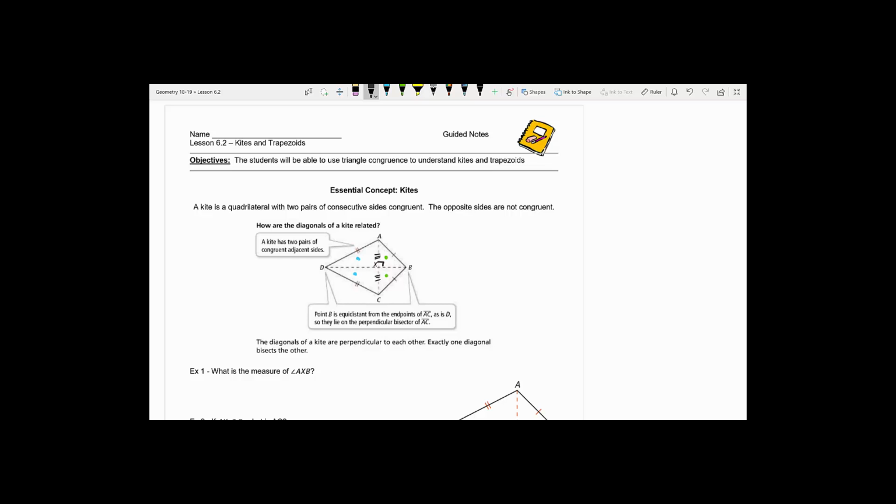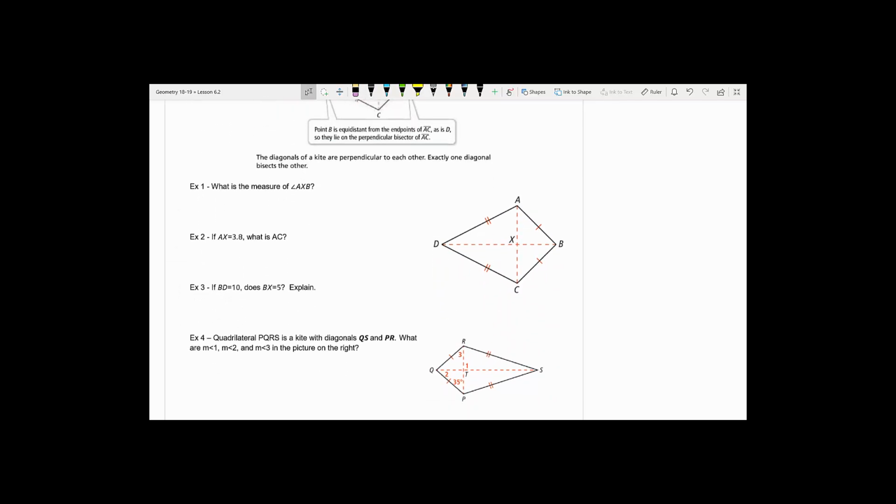So I want to do one example with you guys, and then let you try one, and that's it. So if we look at this kite, we know we can mark AX and XC as congruent. They want to know what's the measure of AXB. Well, we said when our two diagonals meet, they create perpendicular lines.